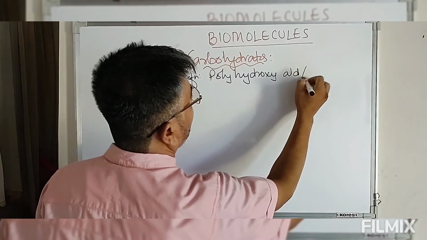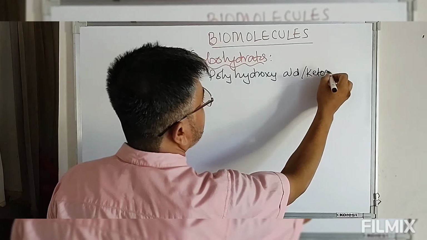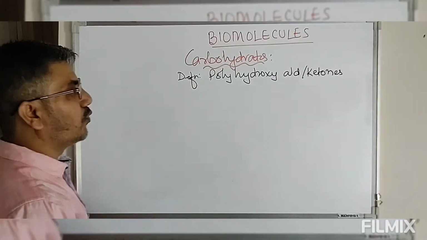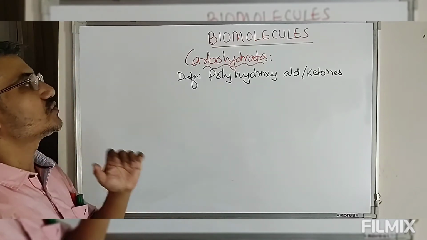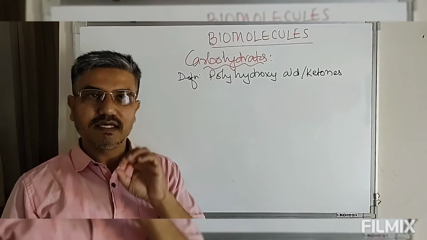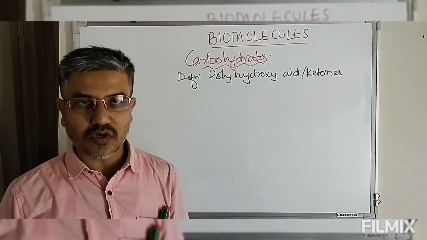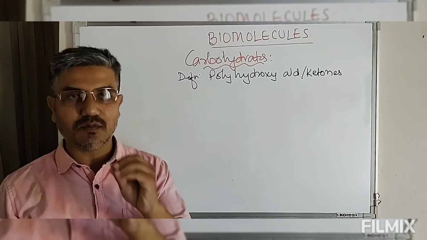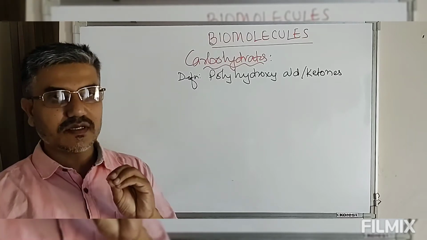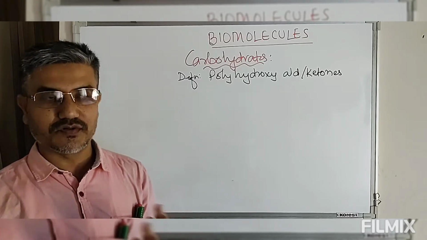aldehydes or ketones. So polyhydroxy aldehydes or ketones, that means these organic compounds called carbohydrates contain functional groups, that is the alcoholic functional group, and the aldehydic or the ketonic, that is carbonyl functional group. So these are bifunctional organic compounds.